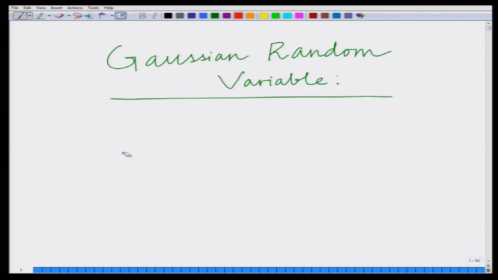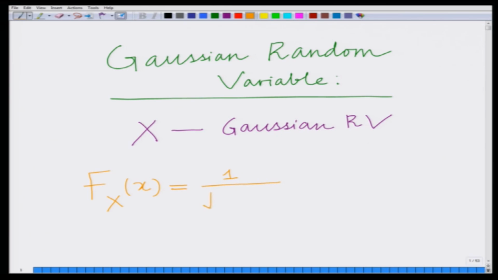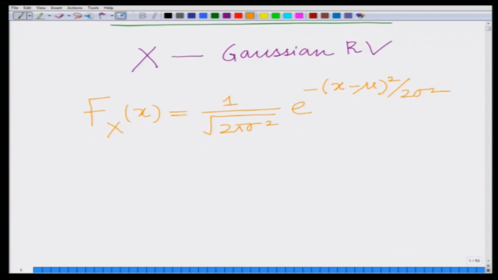Let x be a Gaussian random variable, then the probability density function f_X(x) for this Gaussian random variable is given as 1 over square root of 2 pi sigma square e raised to minus (x minus mu) whole square divided by 2 sigma square.